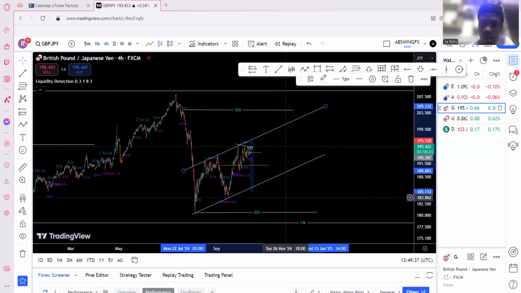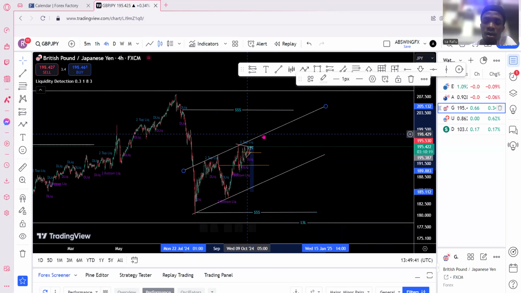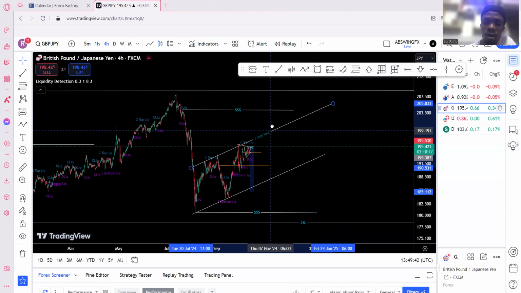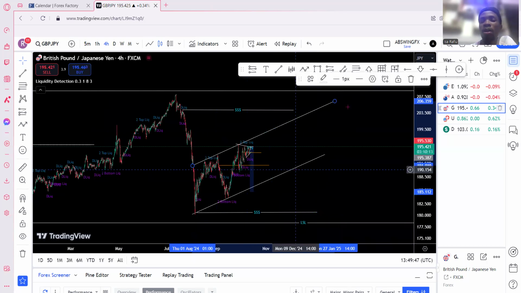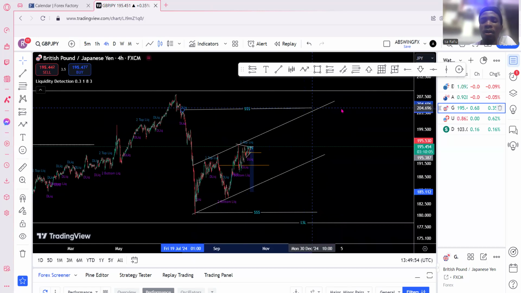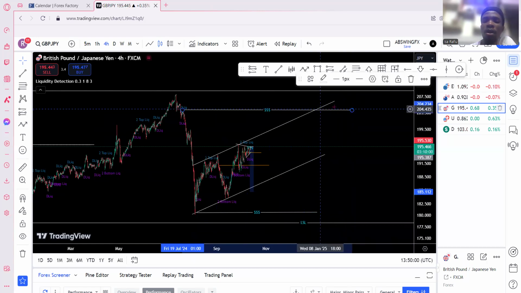So this liquidity and start dropping again. So that's my own bias regarding that.